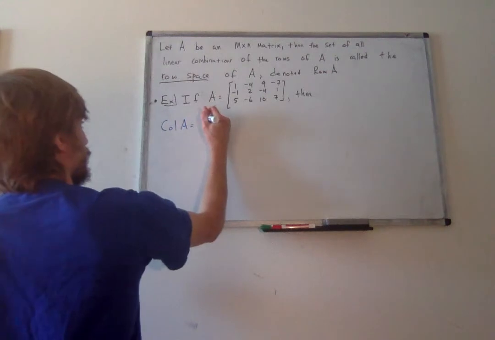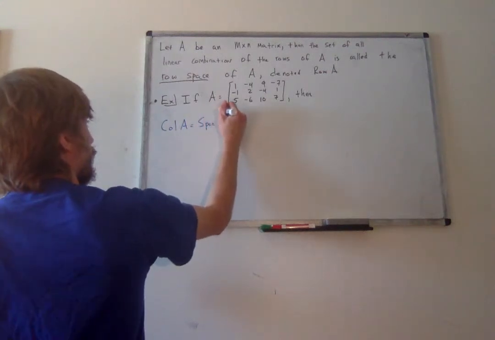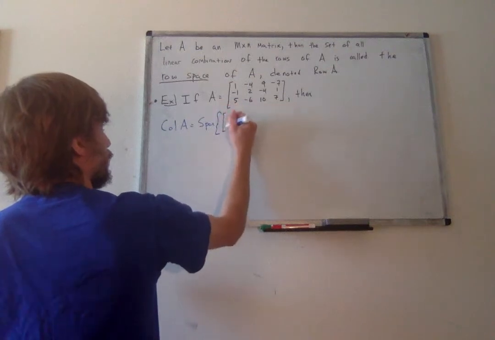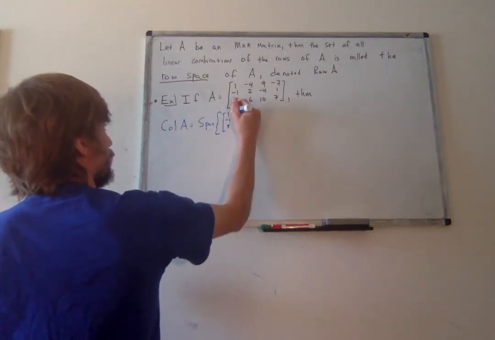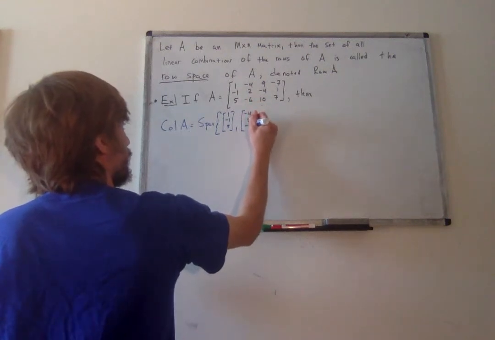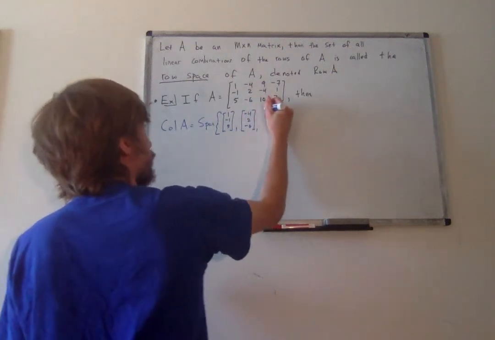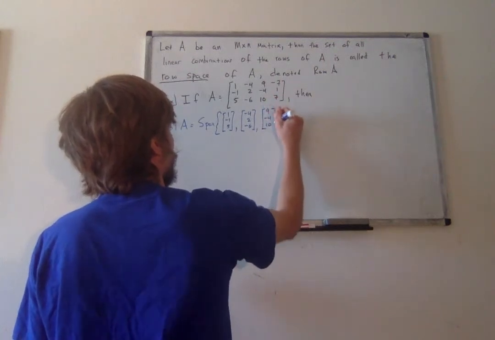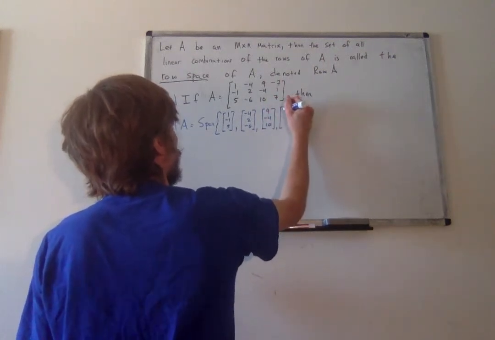So the column space here is equal to the span. And note this part isn't on your worksheet. I just want to use it to differentiate the two. The column space is the span of the vectors comprising the columns of A. So it's the span of these 4 vectors.